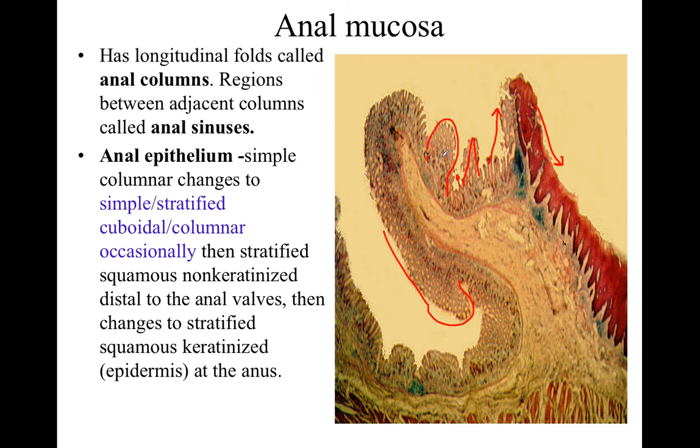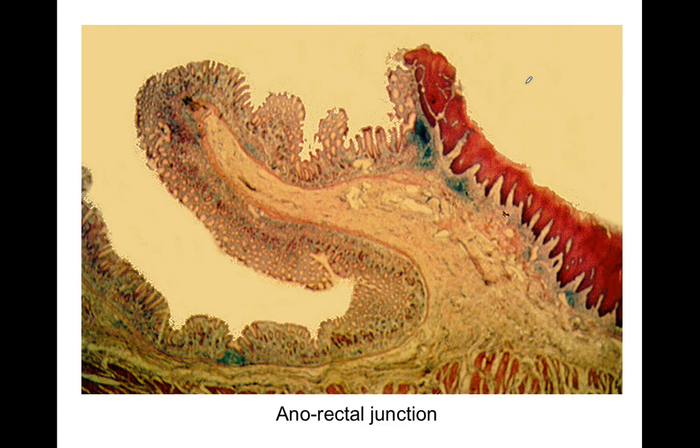So these areas here are called the anal columns. Between these anal columns, these are the anal sinuses. The epithelium starts with simple columnar, then changes to stratified cuboidal, columnar, then non-keratinized stratified, and when we reach the level of the anus, it becomes keratinized stratified squamous epithelium.